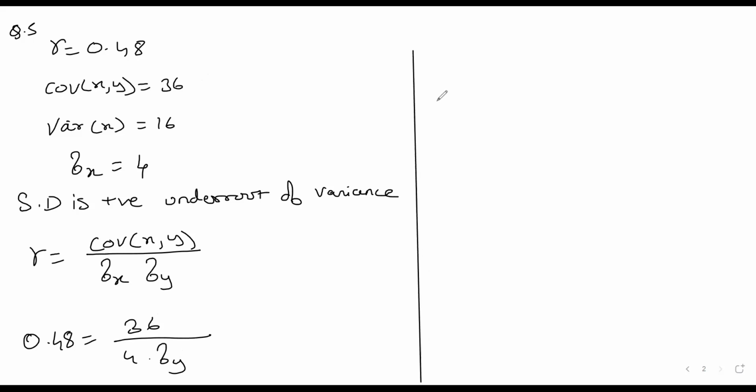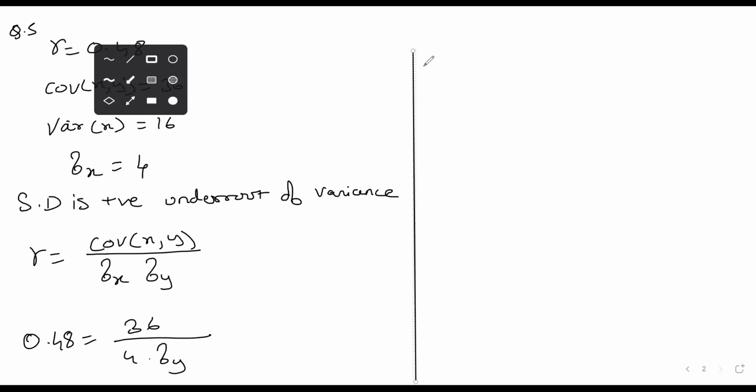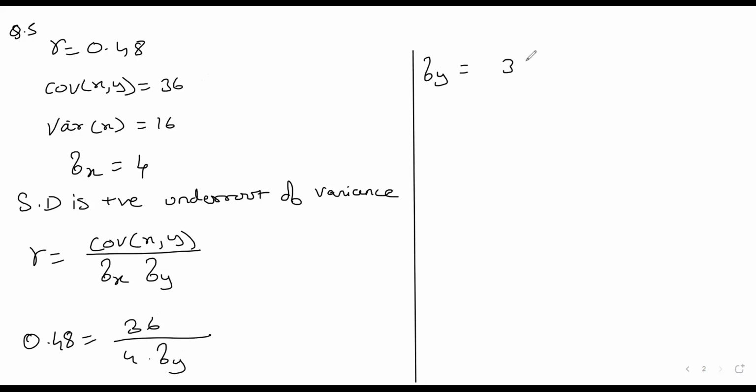So simply, standard deviation of Y is 36 upon 4 into 0.48. That is 4.32. No, I think let us work it out together.